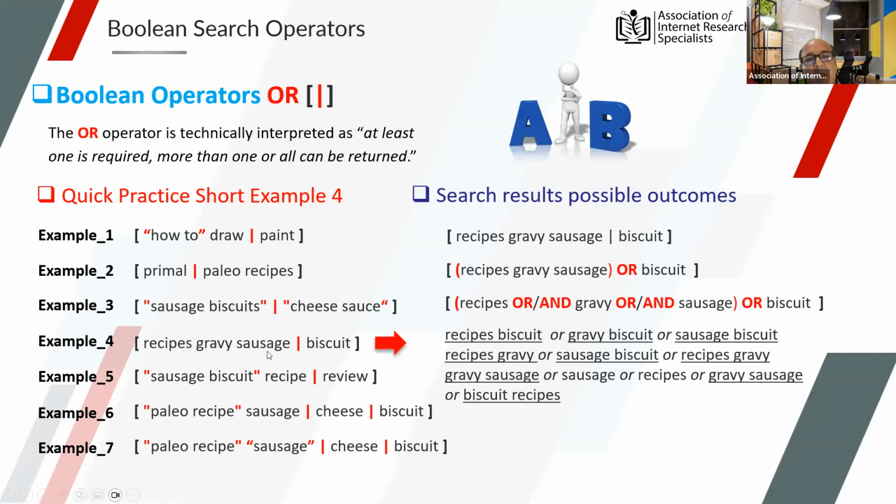What will happen with the OR is that given the choice, it might just pick up these two words like gravy and sausage and bring them as a choice, or it would treat recipes along with the word sausage as combined words together, or even single words that would appear and leave out biscuit totally.